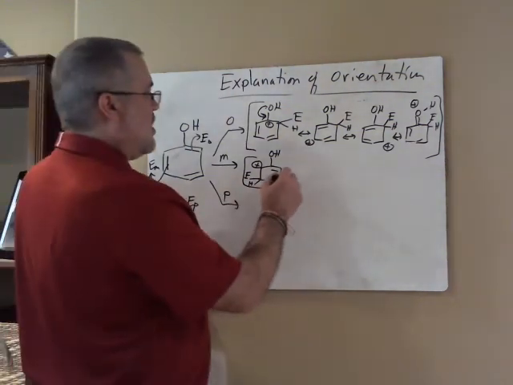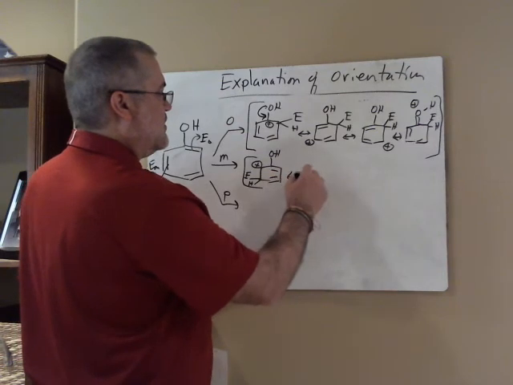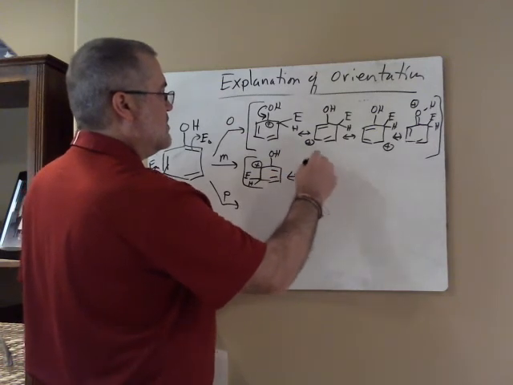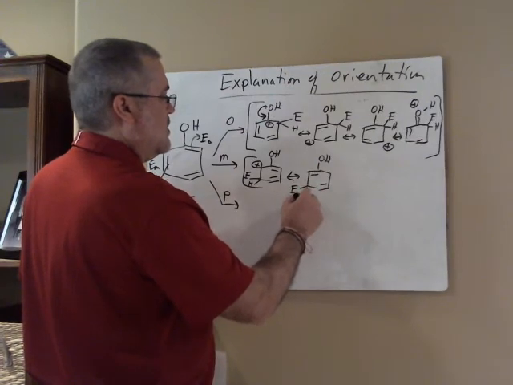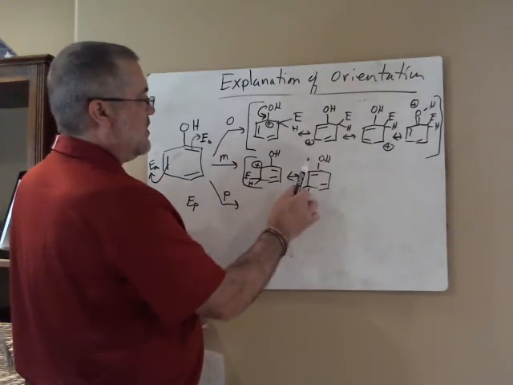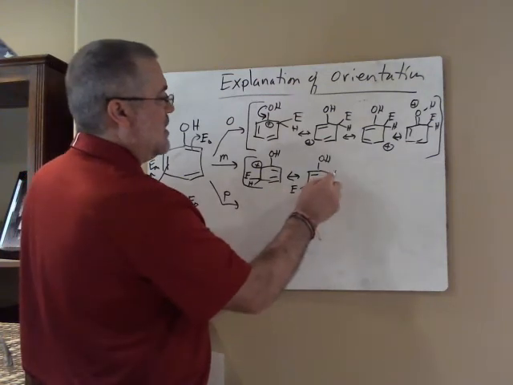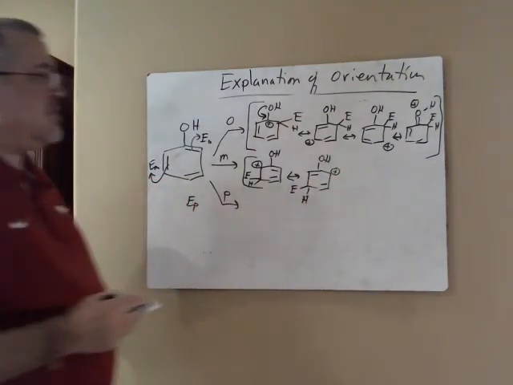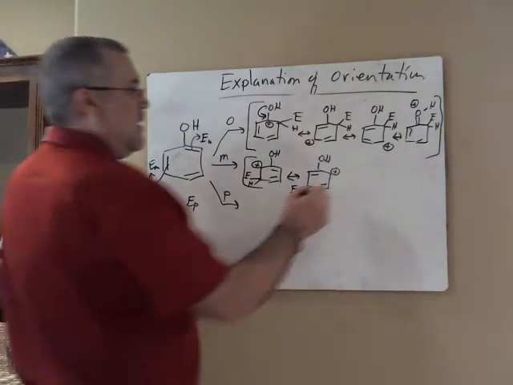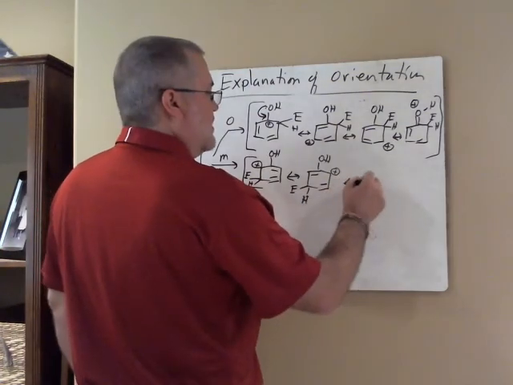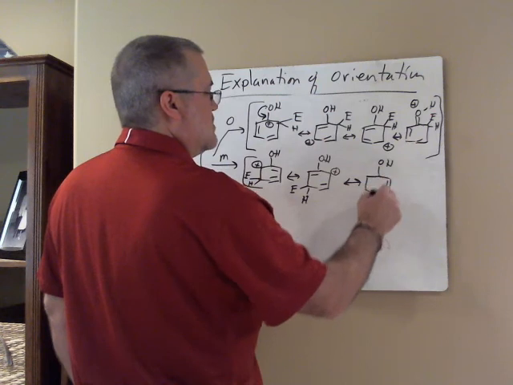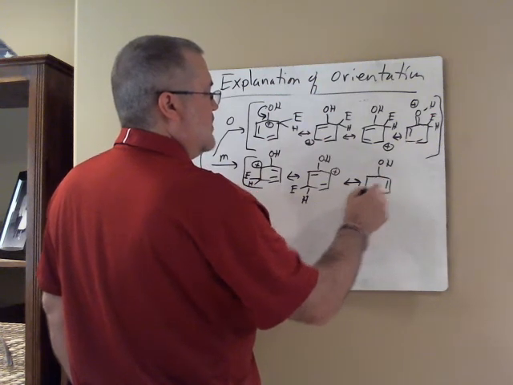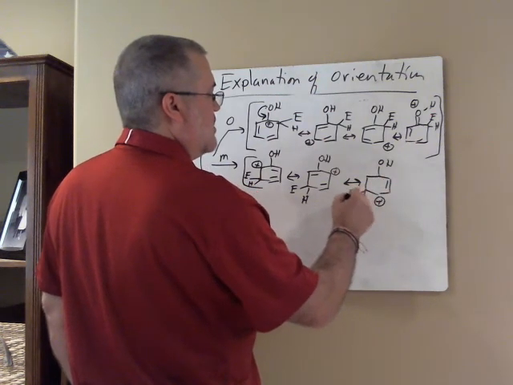Then I can draw another resonance form for this, where I move these electrons, and I end up with that being the deficient carbon. And then I can resonate that again, where my deficient carbon ends up there.